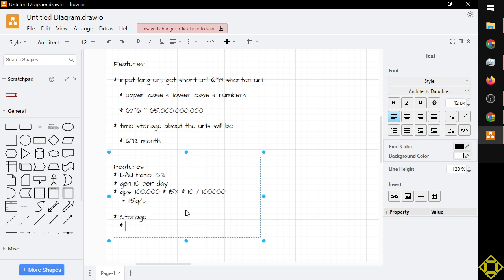For example, we will store 6 months. So we can just assume 6 months plus 30 days. This will be the days. And for each day, we will have these users per day.